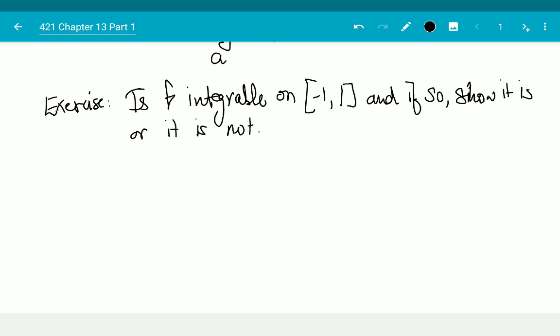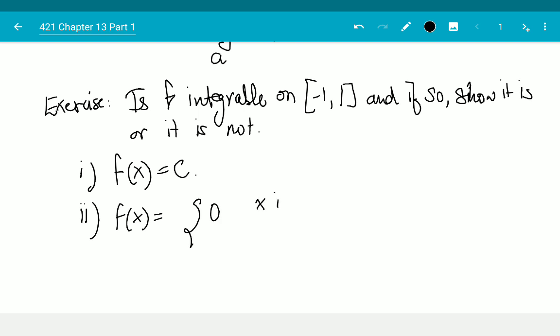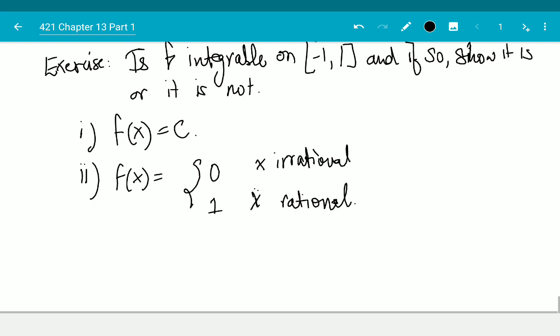Okay, first, f of x is equal to c, some constant c. Second, f of x is equal to 0 for x irrational, and 1 for x rational. So you did this example from 0 to 1, now it's -1 to 1.